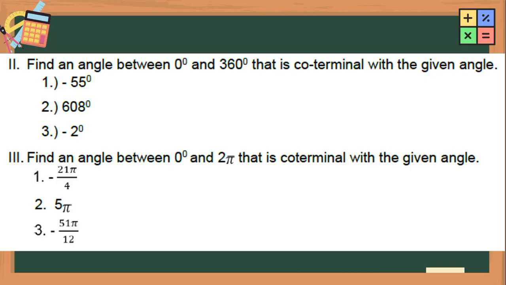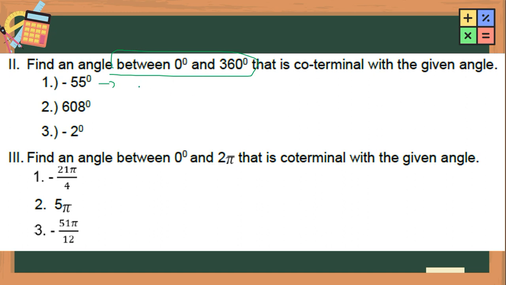Okay, next. Find an angle between 0 and 360 that is coterminal with negative 55. All you need to do is add 360. Answer: 305.